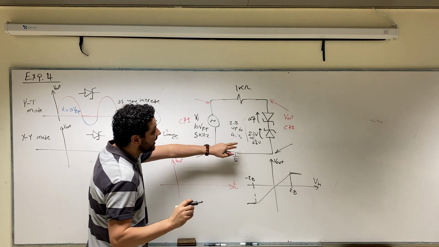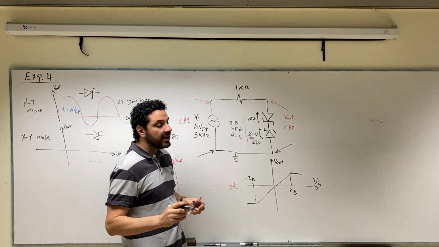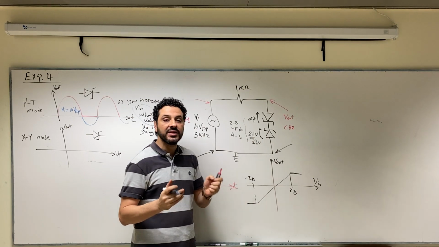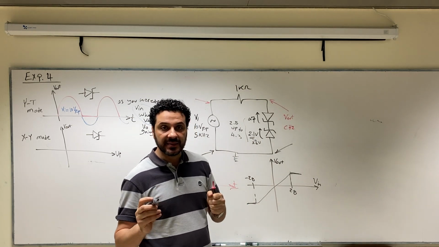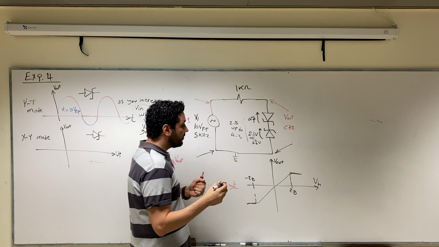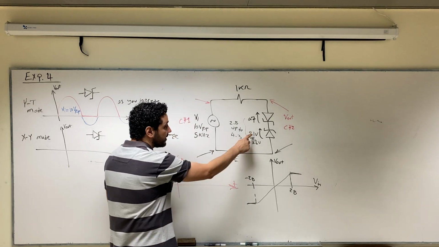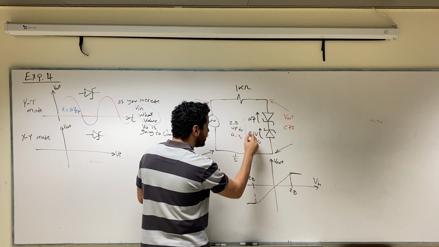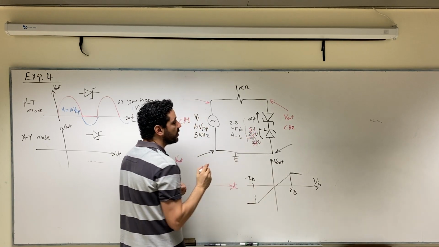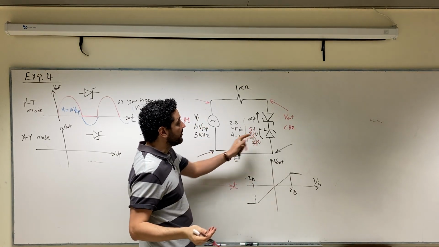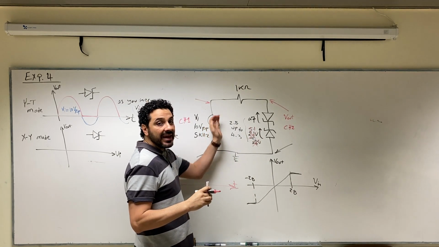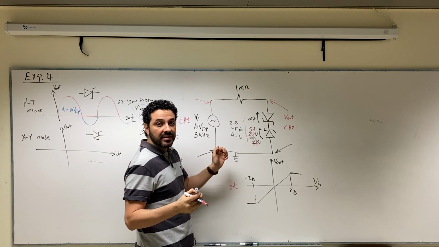Before we finish, let me tell you why we used here the small Zener diode with 2.1, and why we didn't use the big Zener diode with 5.1 volt. Assume that we use here a 5.1 volt Zener diode that breaks down at 5.1 volt, would we be able to operate this branch ever?